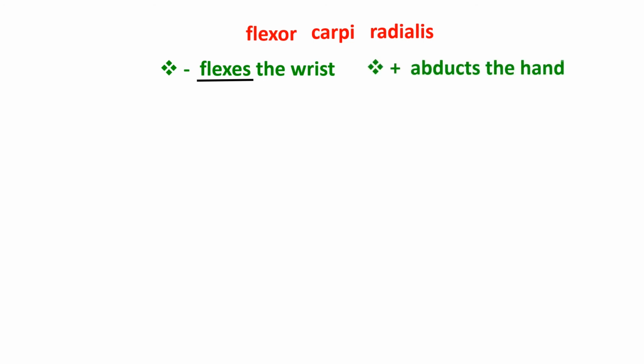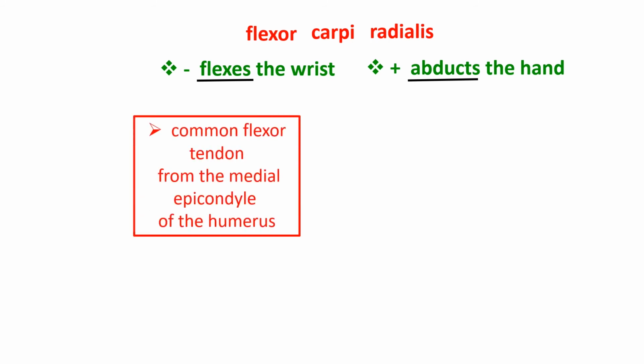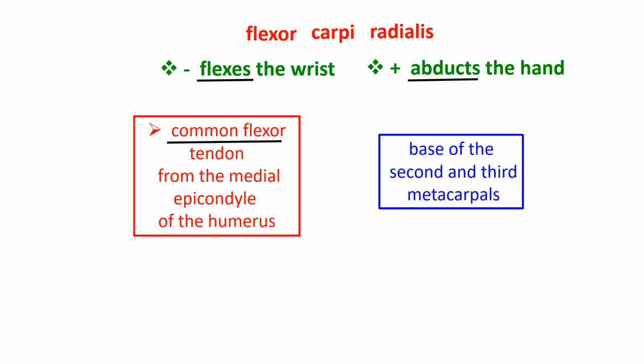And what else? It abducts the hand because it is attached to the second and third metacarpal bones. From where is it coming? It's coming from the common flexor tendon from the humerus and inserts at the base of second and third metacarpal bones.